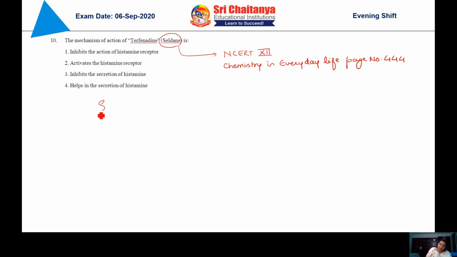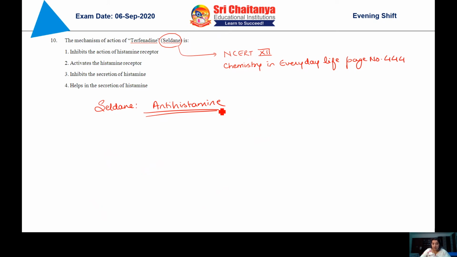So what is Seldane? Seldane is an antihistamine. Histamine is a type of chemical found in our body. So what do antihistamines do?